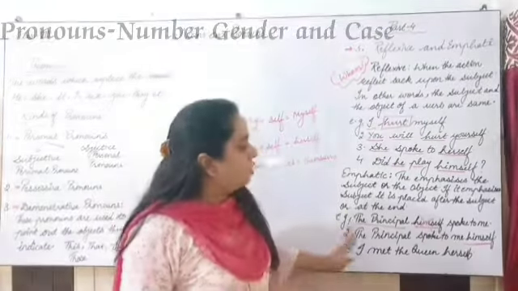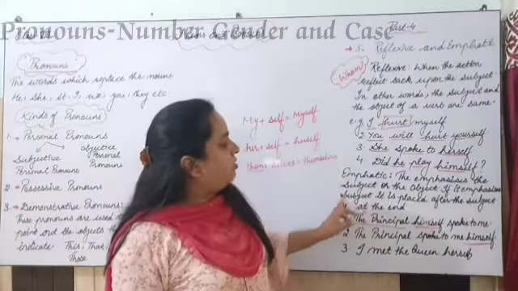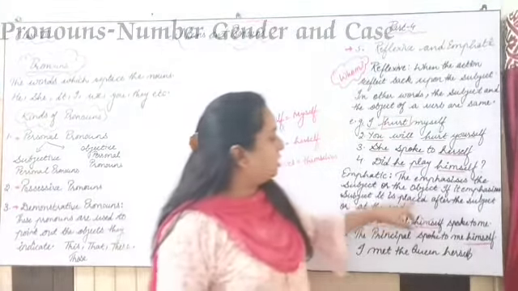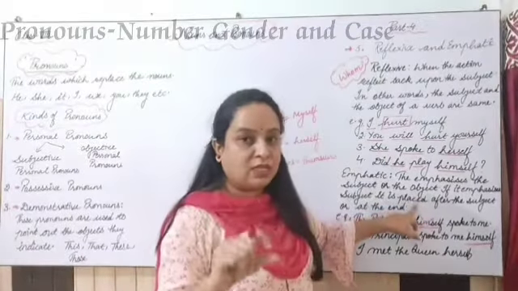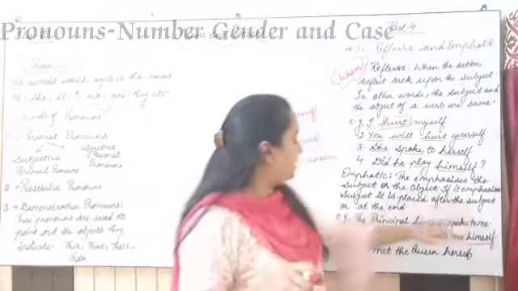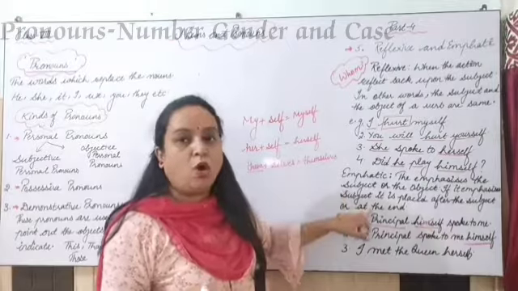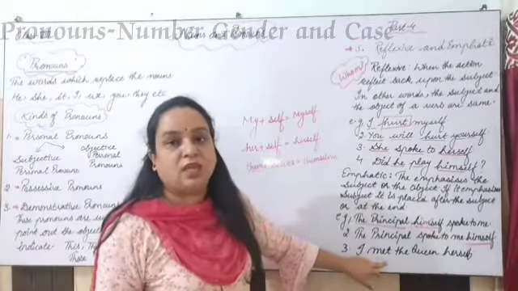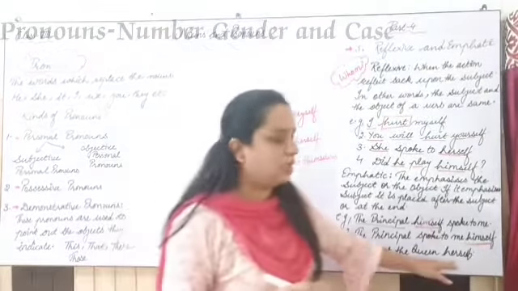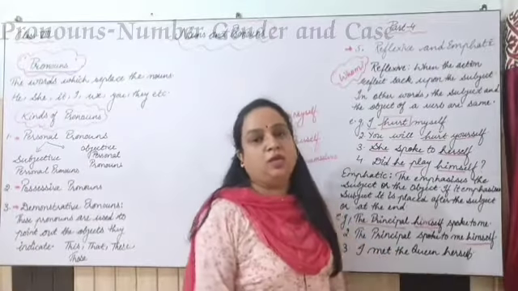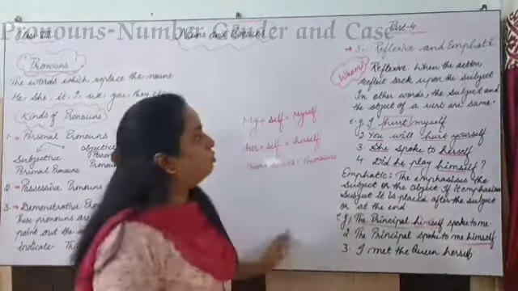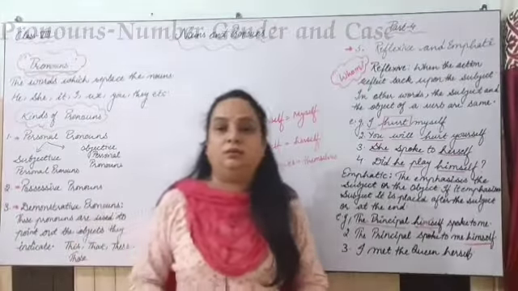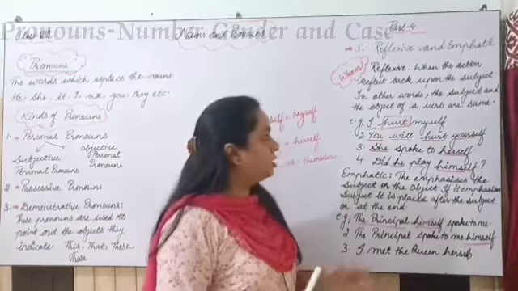But here you have to see that if it emphasizes the subject, then it is placed after the subject or at the end, right? But if it is emphasizing the object, it is working as an object. So this was the difference, and I think it is quite interesting.